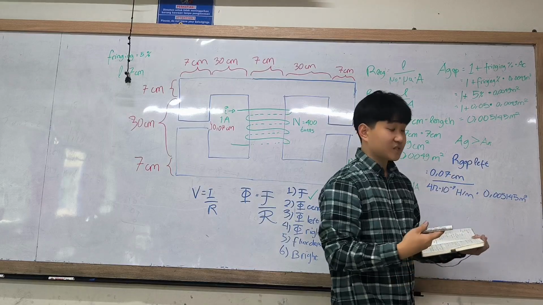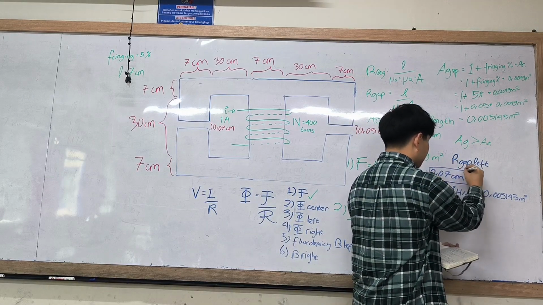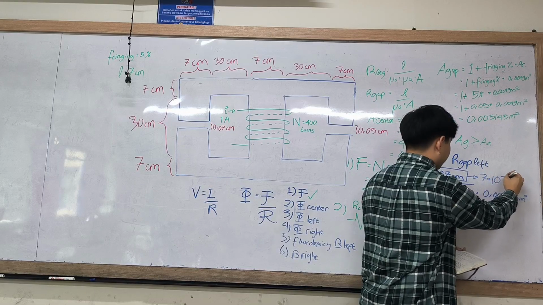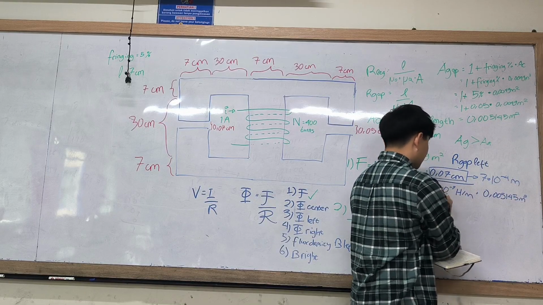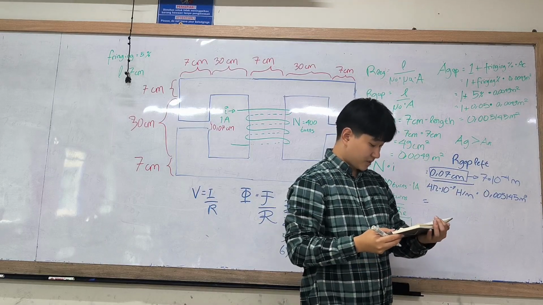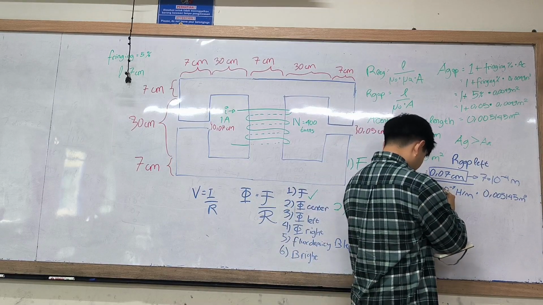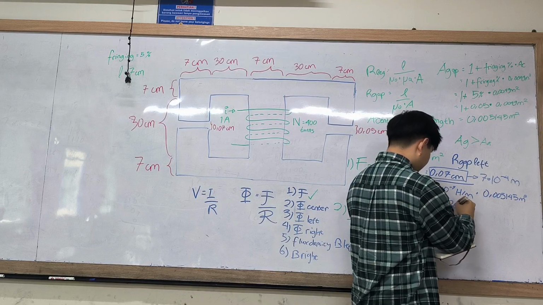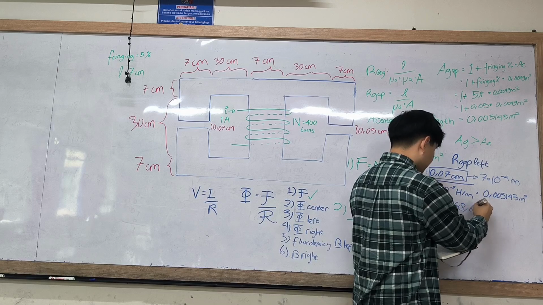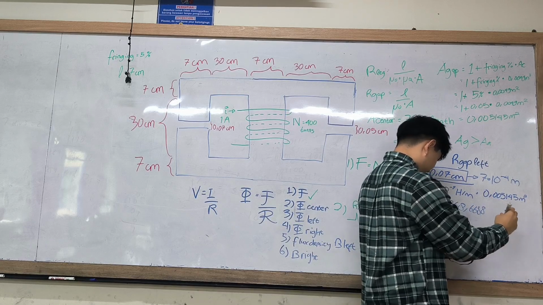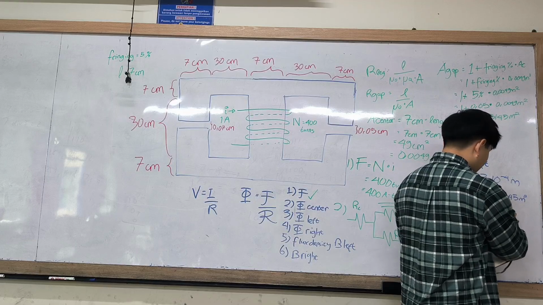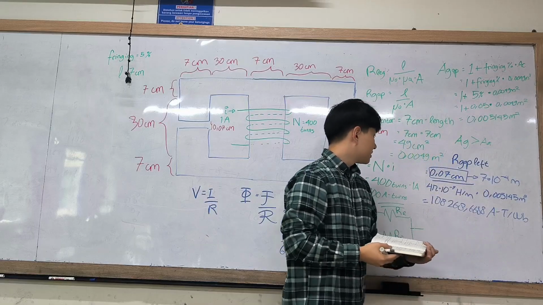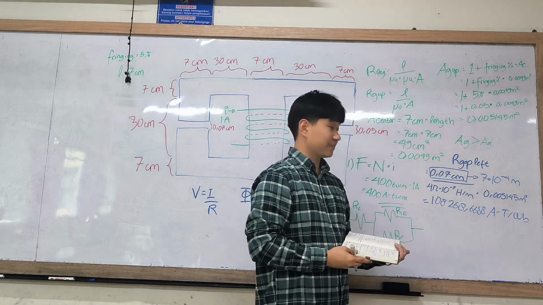The 0.07 centimeter is equal to 7 times 10 to the power of negative 4 meters. The result for the reluctance on the left gap would be 108,268,668 ampere turns per Weber. That is the reluctance for the left gap.